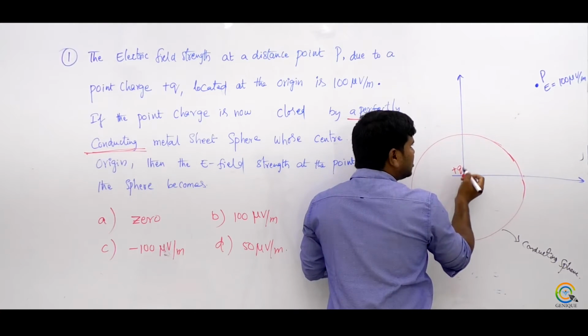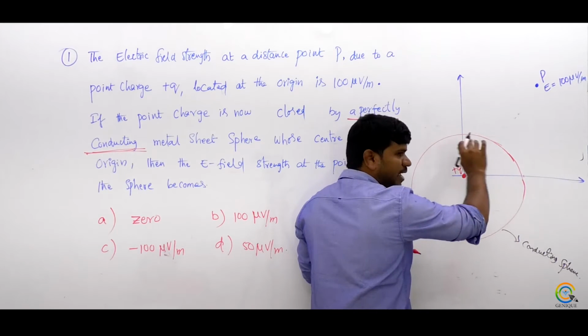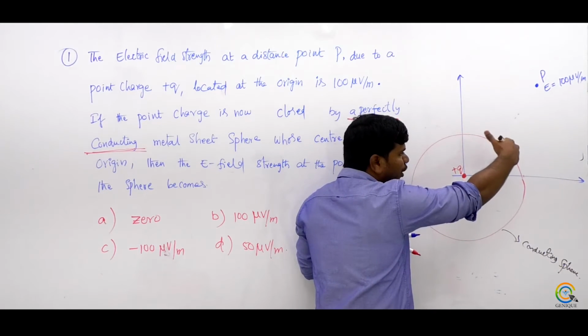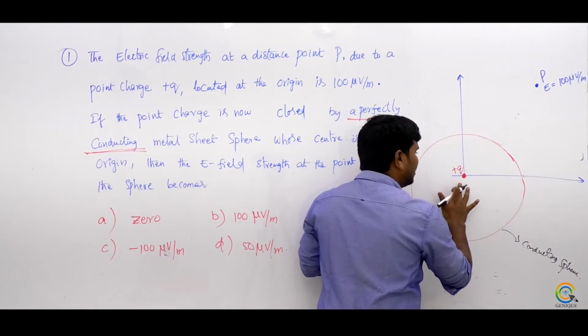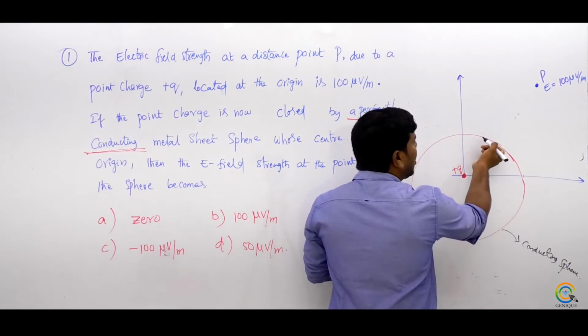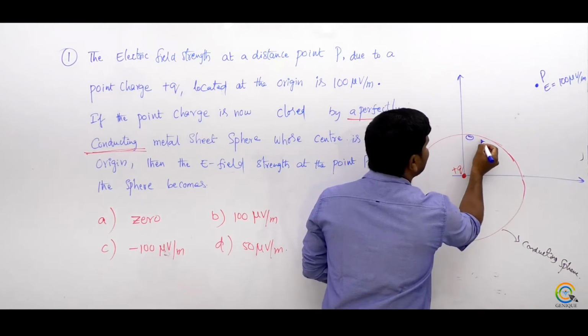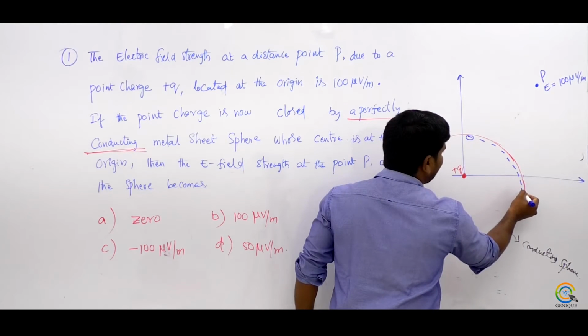Because of this positive charge, the negative charges on the surface will be attracted toward the sphere, but they will not come here. All the charged particles present at the surface are negative charges.